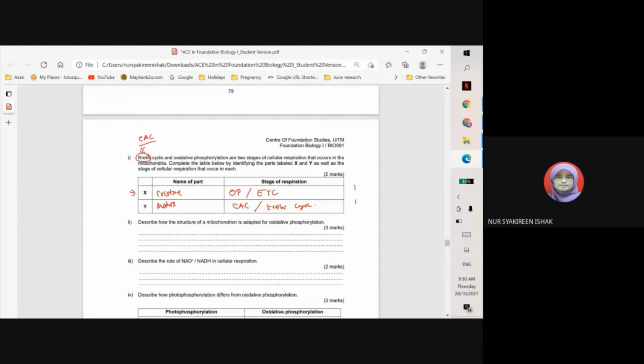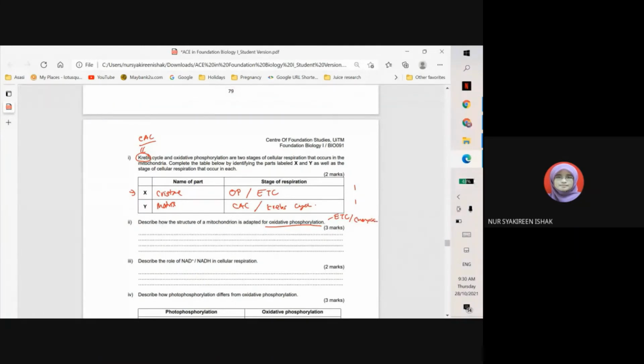Okay, so next question, describe how the structure of a mitochondria is adapted for oxidative phosphorylation. Okay, so dah tahu kan? Oxidative phosphorylation, it has two components, okay, which is electron transport chain and also chemiosmosis.